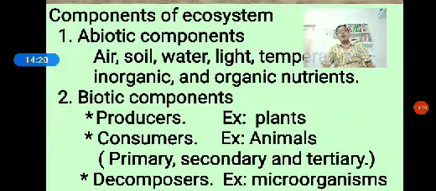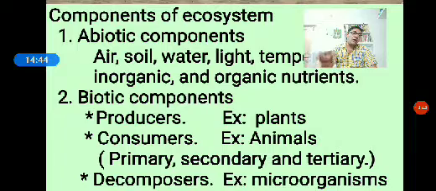The living and non-living components, when both interact with each other in a particular place, in a particular region, at a particular time, is called an ecosystem. Almost all the biotic components depend upon abiotic components.